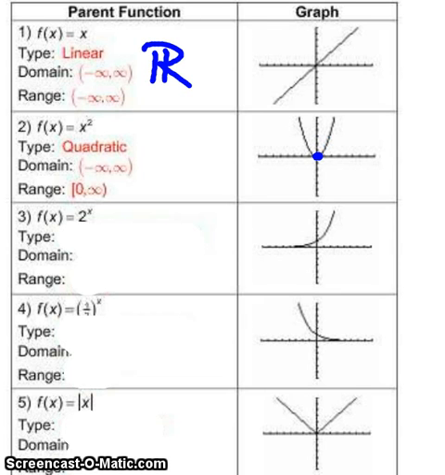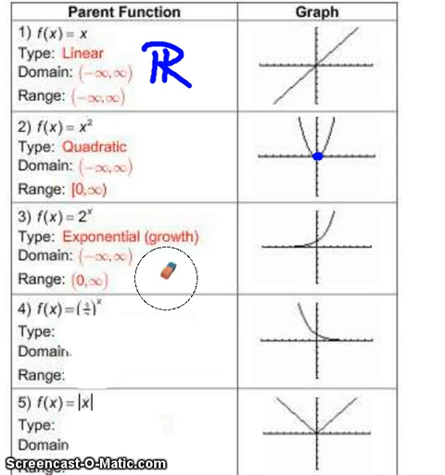The next function is f of x equals 2 to the x power. This type is an exponential function, but it's moreover an exponential growth. Its domain is from negative infinity to infinity, and its range is from 0 to infinity. Notice that the 0 has a parenthesis by it, and that's simply because the exponential function will never equal 0.